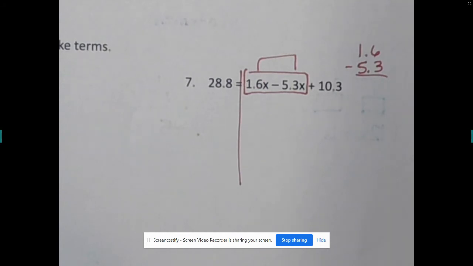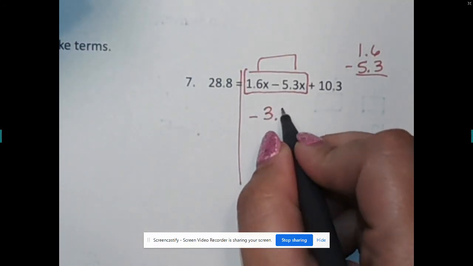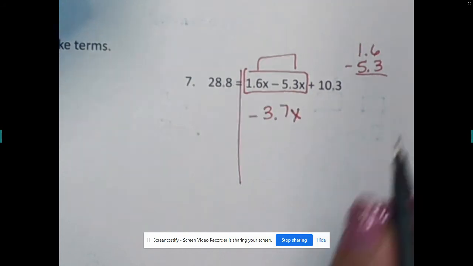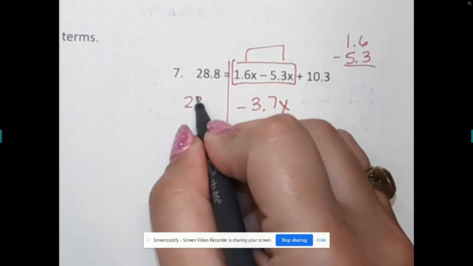What is 1.6 minus 5.3? Negative what, Bella? Negative 3.7x. Good. Okay. Now I want to bring down the stuff I did not use.